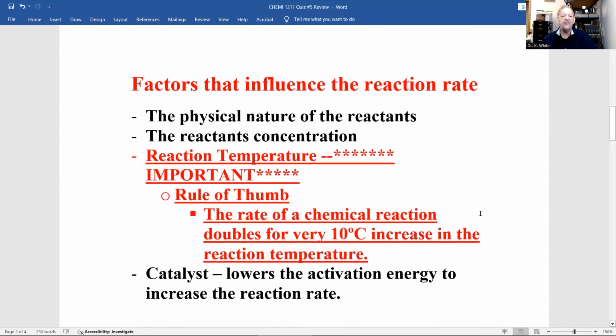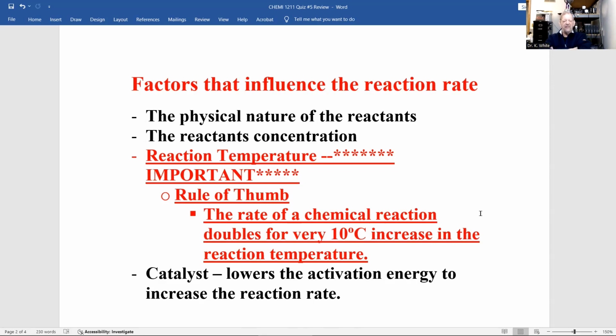Now, what are factors that influence reaction rate? Well, the physical nature of the reactants: are they liquids, solids, or gases? How much of the reactants you have, and this is very important. Hint, whenever I write something in red, it's very important. There's a rule of thumb. Oh, it's on this thumb today.